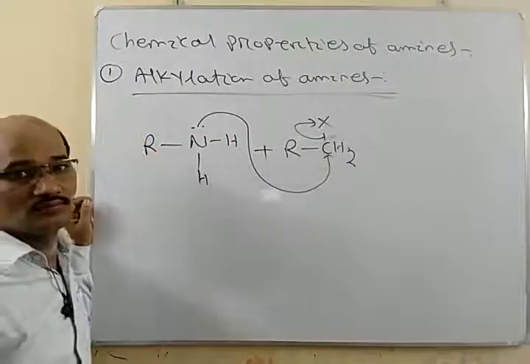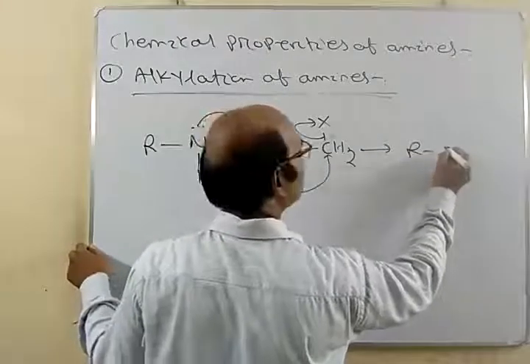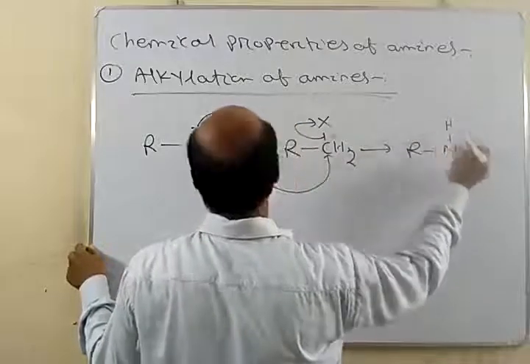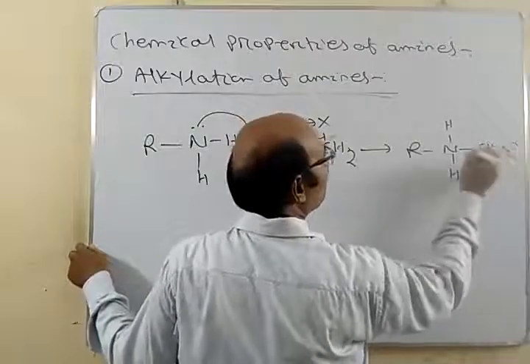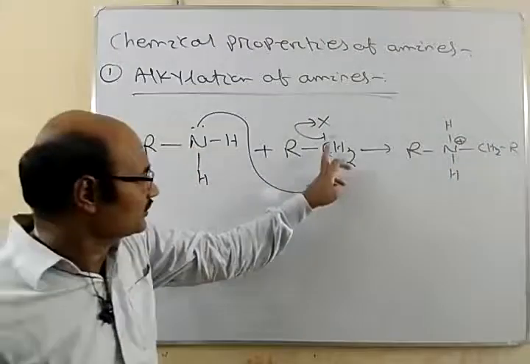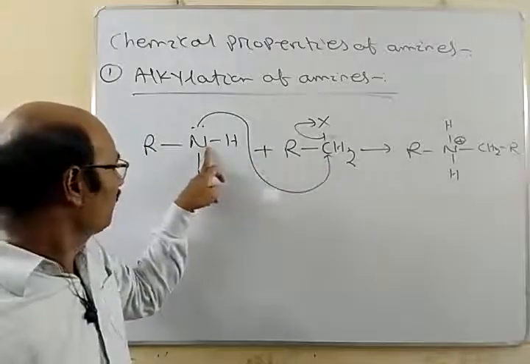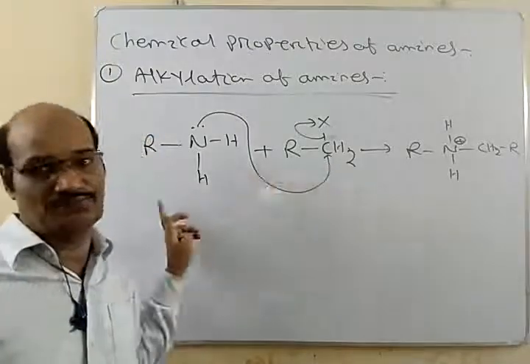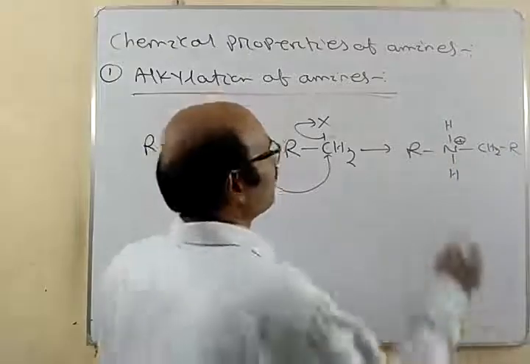So we will get RNH2 CH2R plus. Because when this bond goes to X, the carbon becomes C plus. Now nitrogen shares its electron pair with the carbon, so the plus charge is shifted to the nitrogen atom. Now it becomes unstable. So what happened here?